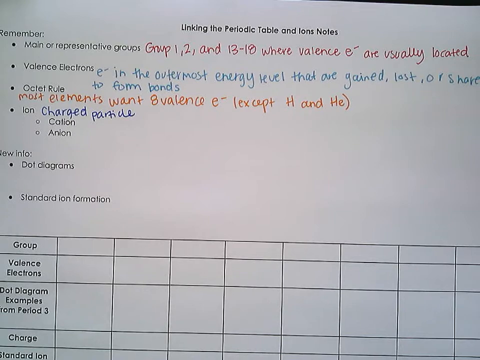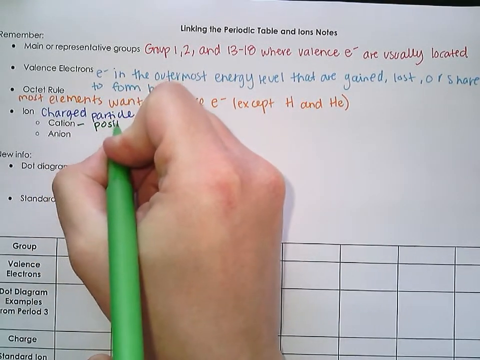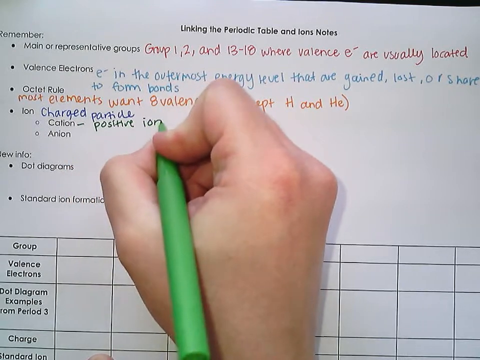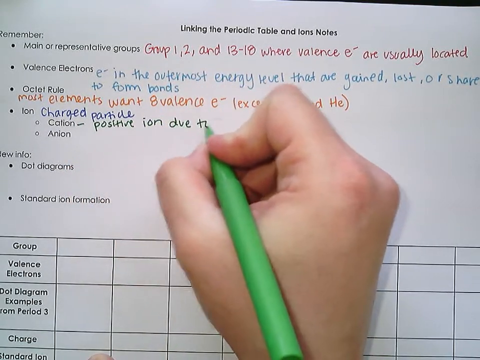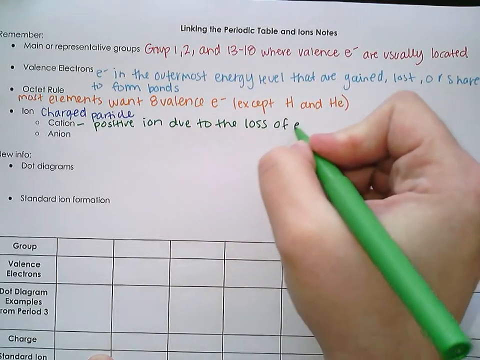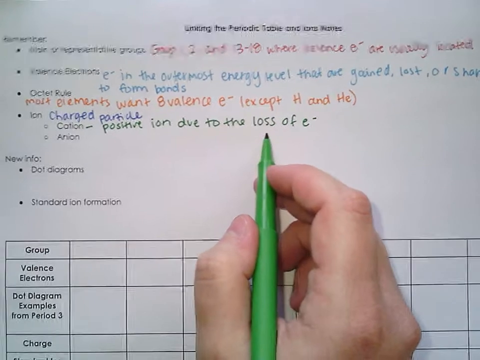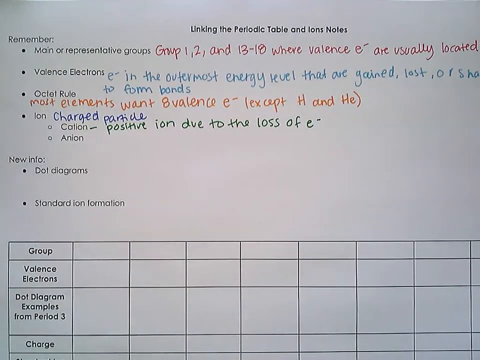Think back to our atomic structure. Our cation is a positive ion due to the loss of electrons. So positive ion due to the loss of electrons. That's where that atom is going to have more protons than it does electrons.